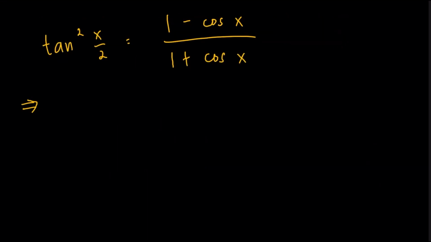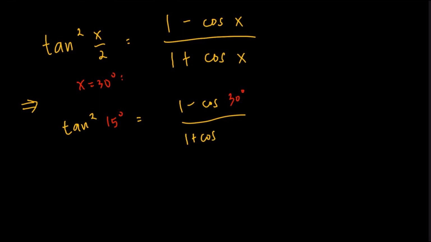I know that I could substitute x to be 30 degrees to get what tangent squared of 15 degrees is. So x over 2 becomes 15, so tangent squared of 15 degrees is equal to 1 minus cosine of 30 degrees divided by 1 plus cosine of 30 degrees.